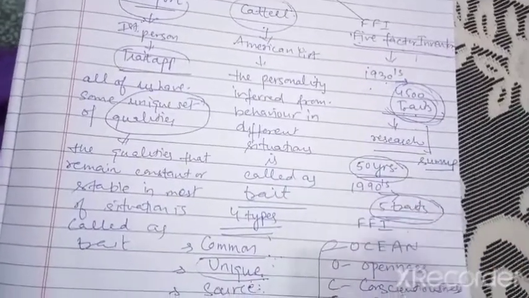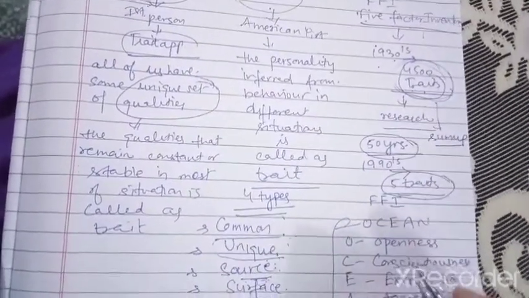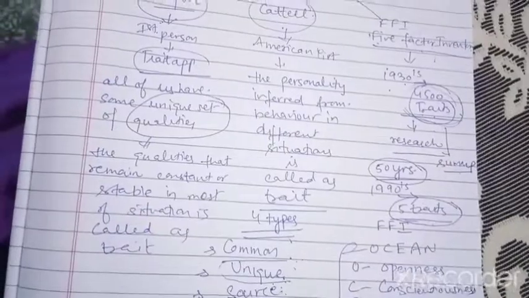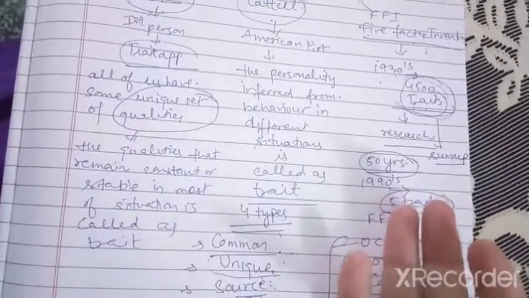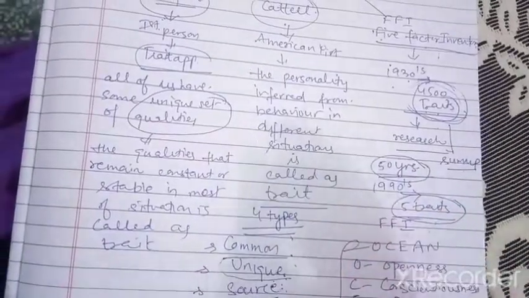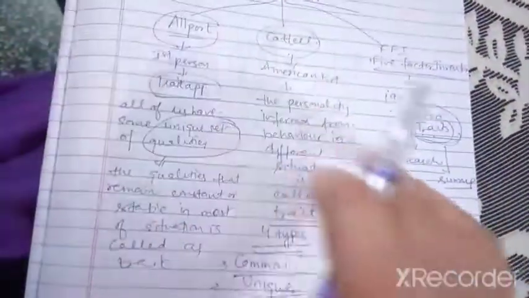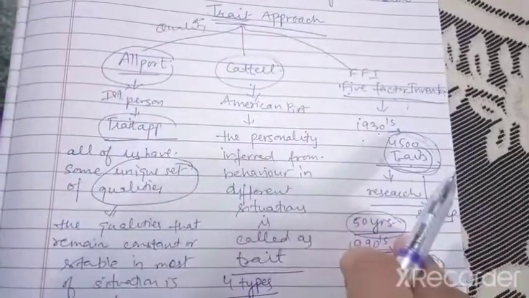Now when this five factor inventory came, there were some main issues related to this trait approach.